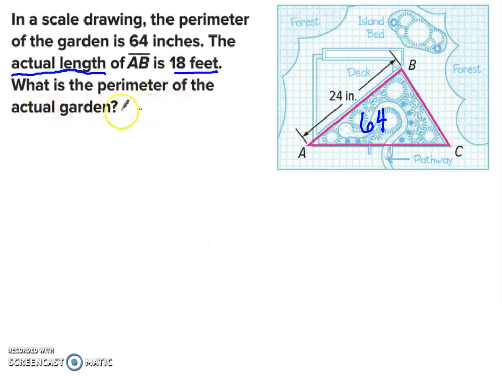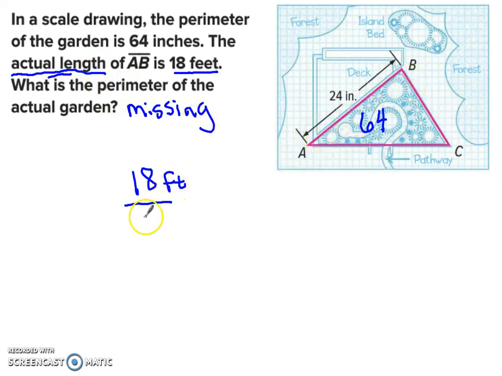Our missing is our actual, so the actual garden is our missing. So again, we're going to take our missing, 18 feet, because that's from our actual length. So 18 feet over the 24 inches. We want to make sure to label here.